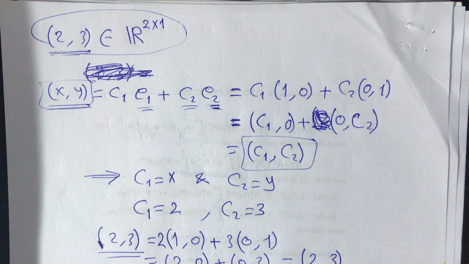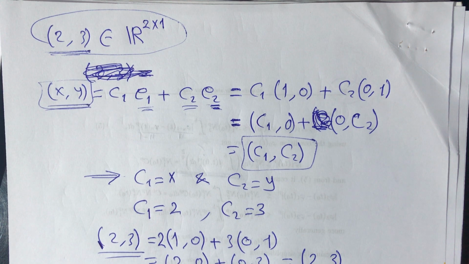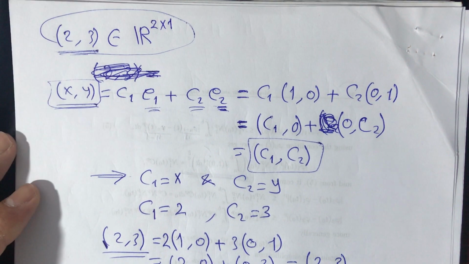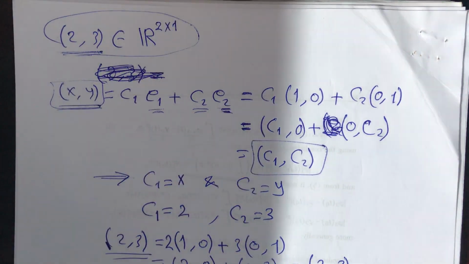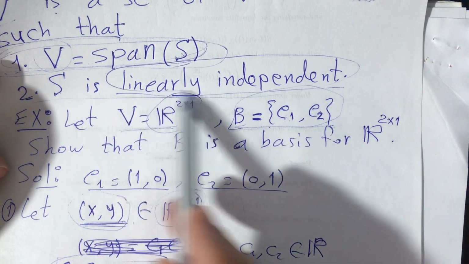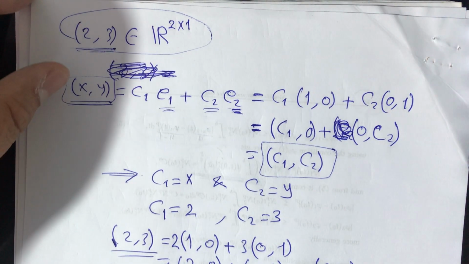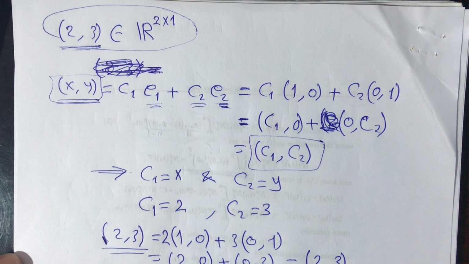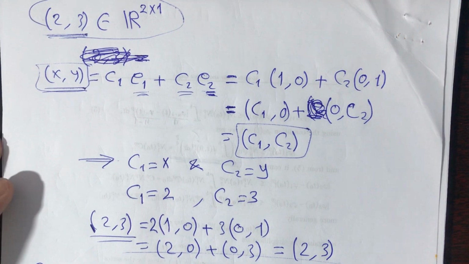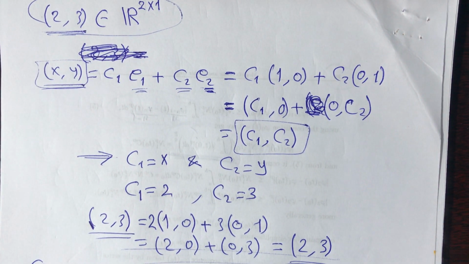So this is the first condition, and the second condition is that we have to show that these vectors are linearly independent. How can we do that? We took it in the previous lecture. To show two vectors are linearly independent, we make equality with 0.